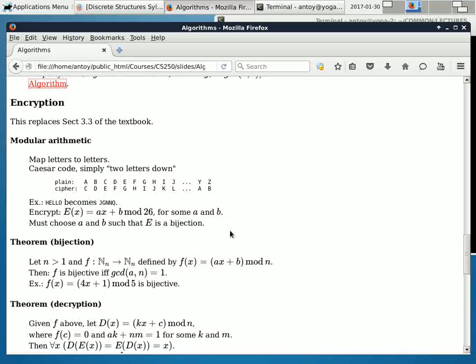And what do we do? We multiply x, which is the input, the letter we want, by a. We add b, and then we consider the remainder of this division. This is a letter, and we convert it back. Yes?